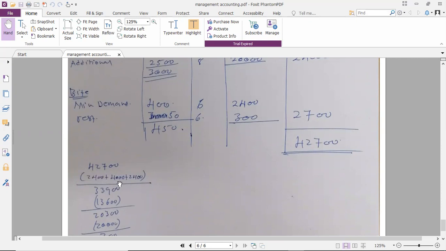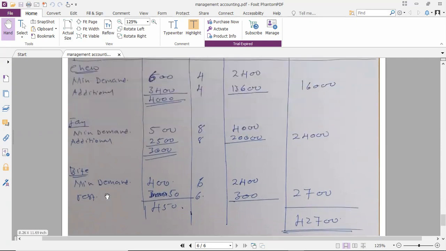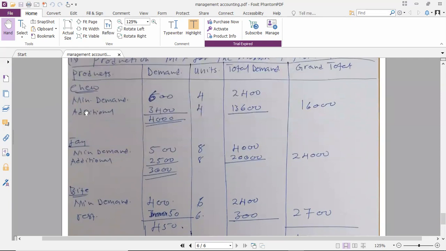So I subtract this 8,800 from the 42,700 to see the next available tons I have, which is 33,900. Then I come to additional production. For Chew, I needed to produce a total of 4,000 for the month, and I already produced 600. So how much do I need to add on? 3,400.